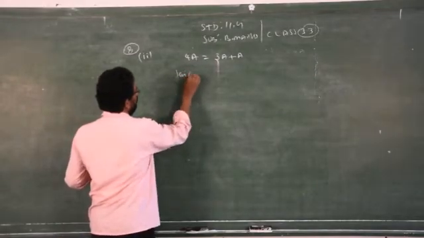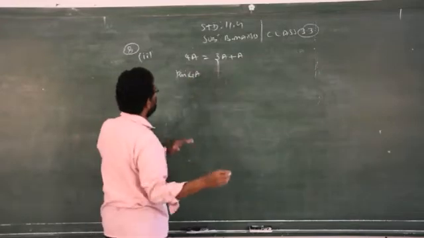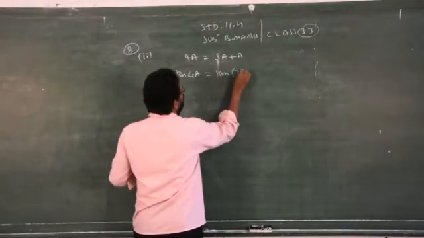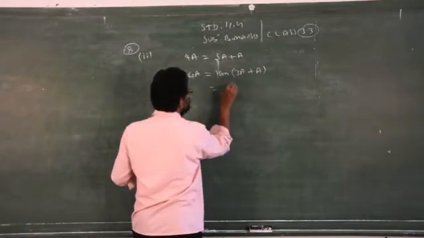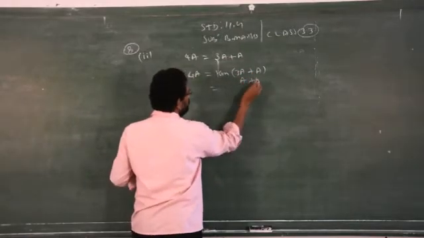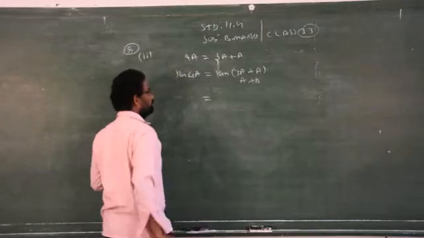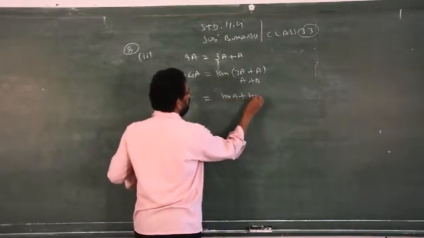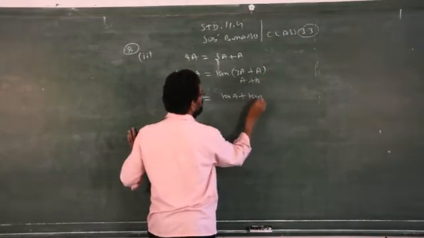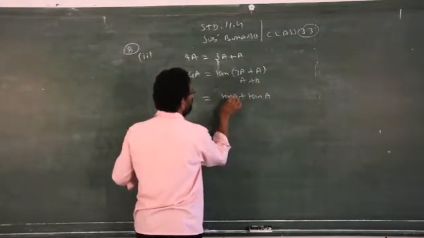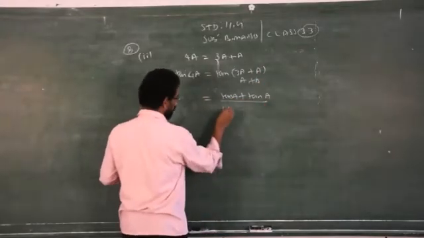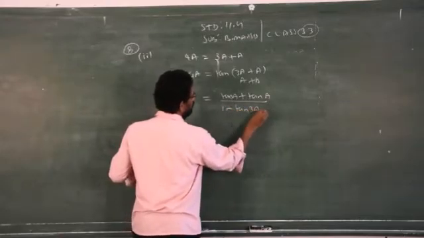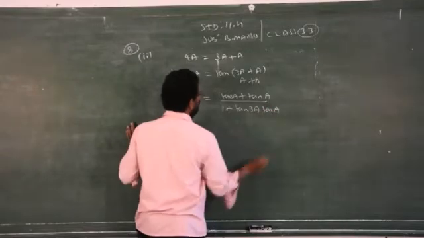Why need to take tan on both sides? Because it is given everything in terms of tan. So tan 3a plus a. This is in terms of a plus b. So we have formula for tan a plus b. Tan a plus tan b, in the place of b it is given a, here it is given tan 3a plus tan a by 1 minus tan 3a into tan a.